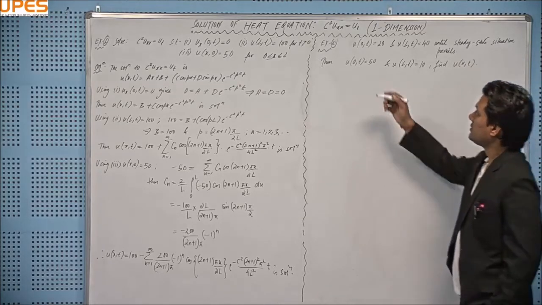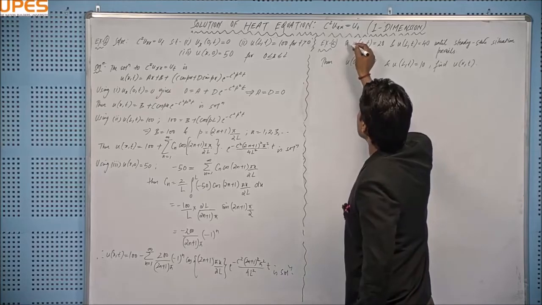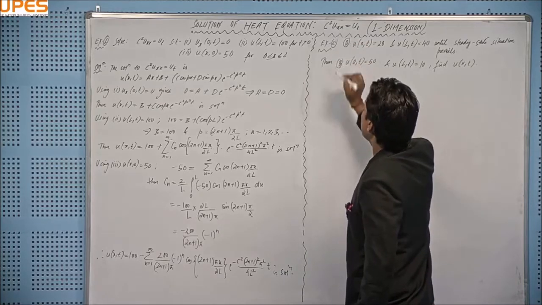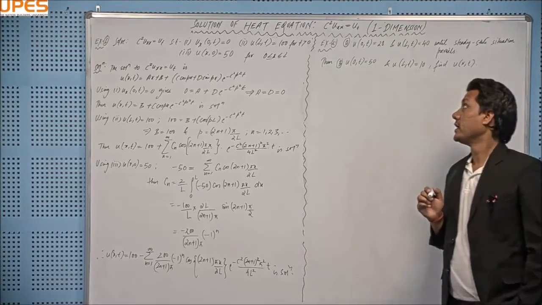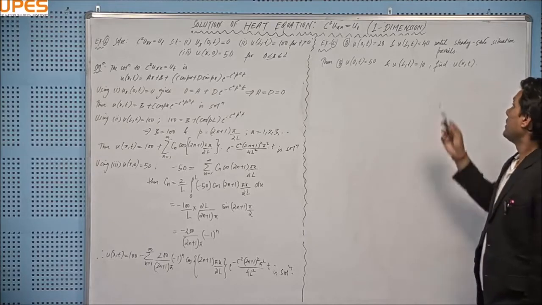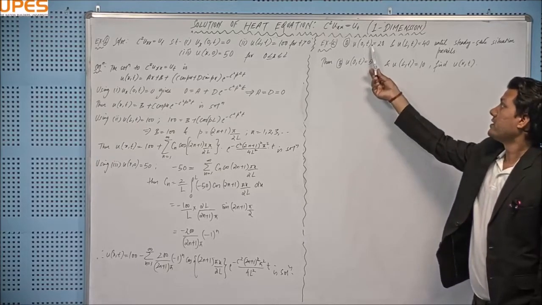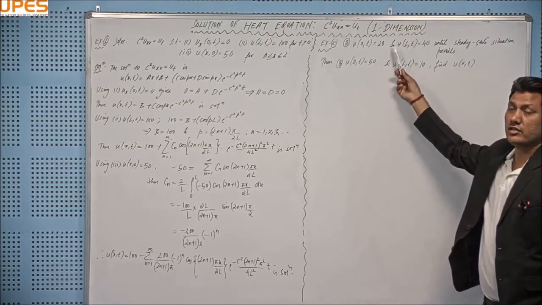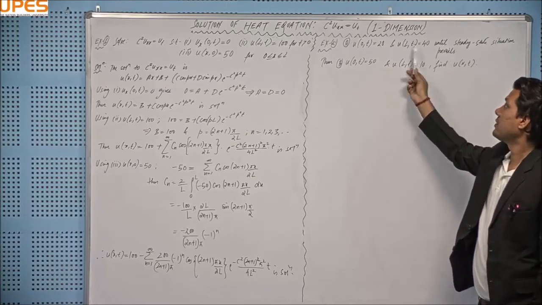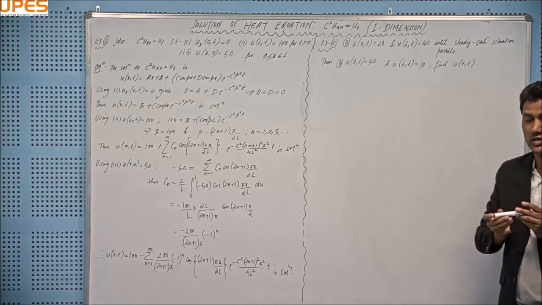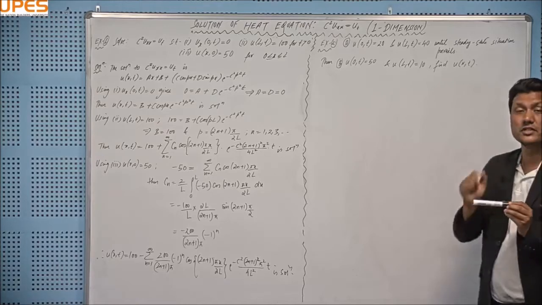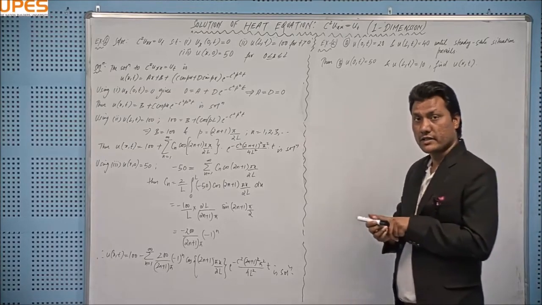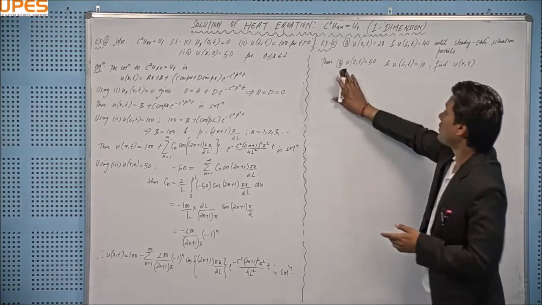I will call it the A part and the B part. When you apply the boundary conditions 20 and 40 at the left and right ends, there will be a temperature distribution inside the rod, and that will be taken in the B part of the experiment.